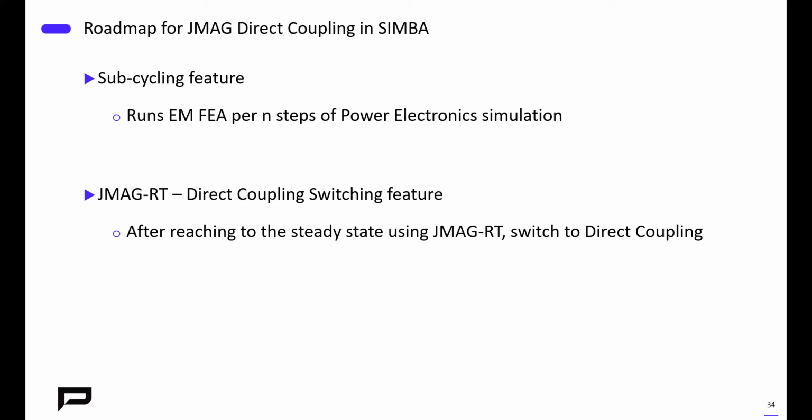And from the profile of the junction temperature, there are analytical models that exist that can be used to predict the aging or the mean time between failure of the semiconductors. Those analytical equations are not part of SIMBA, but can be used as post-processing. If you're interested, you can contact us and we can discuss this together.